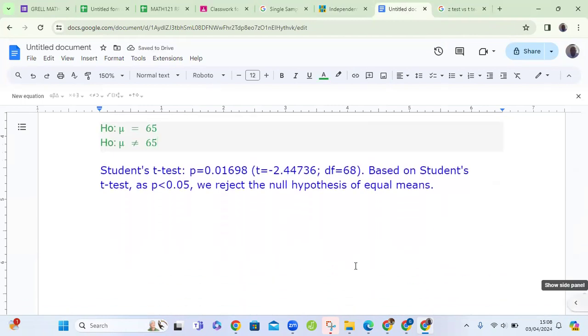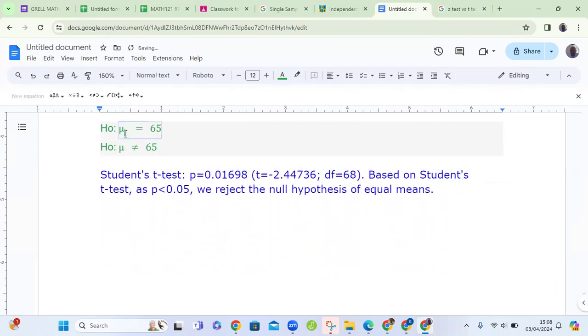Is mean A higher than mean B? The null will say no, the population mean of A is equal to the population mean of B. The null is the conservative one. But the alternative will say no, that they are different. They are not the same.